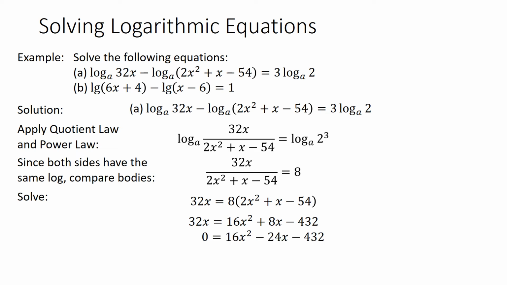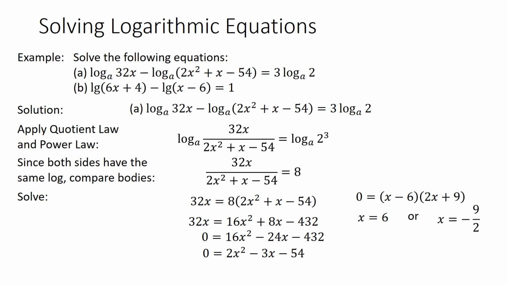Bring over the 32x to the right hand side, which becomes 0 equals 16x squared minus 24x minus 432. Divide by 8, we get 0 equals 2x squared minus 3x minus 54. Factorize, which becomes 0 equals x minus 6, 2x plus 9. Hence, x equals 6 or x equals negative 9 over 2.